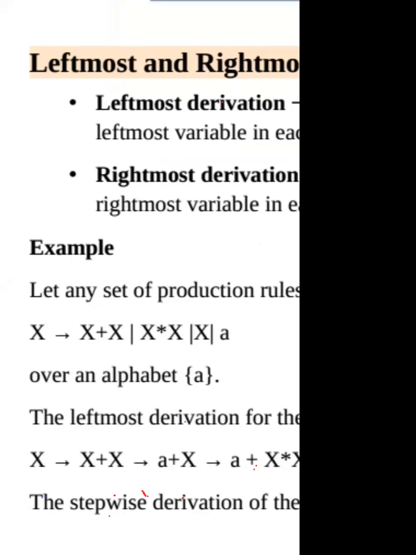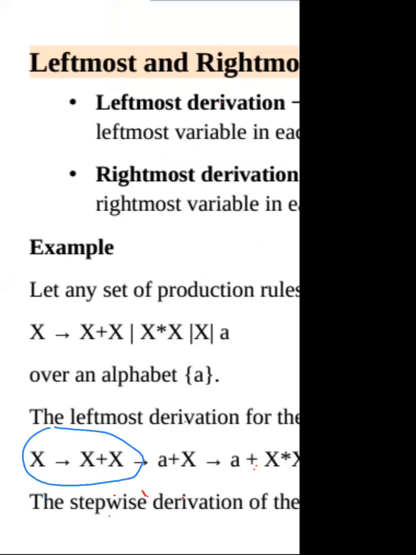Now first we use this production, X implies X plus X. Now, look, in this production on the right hand side, you have two non-terminals, X and X, right? Yes, sir. X plus X.